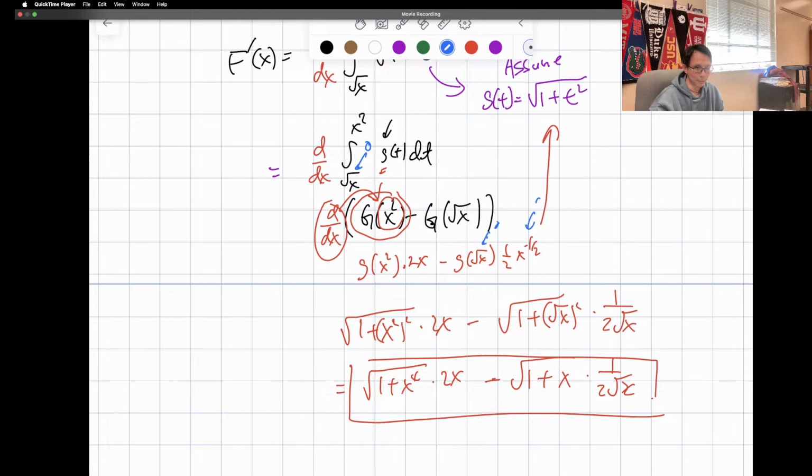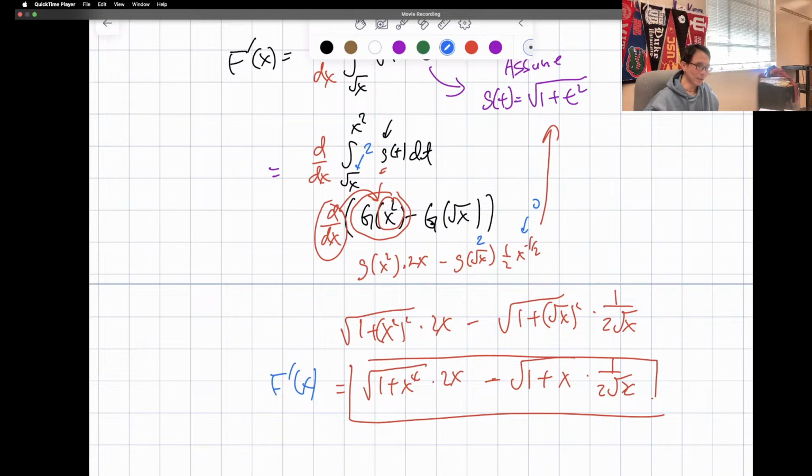This part is going to be 0. Or it doesn't have to be 0, it could be like 2. But the derivative of 2 is 0, so that whole half of the term is going to completely go away. So this is f prime of x, and I figured out f prime of x without knowing how to take the integral of square root of 1 plus t squared.